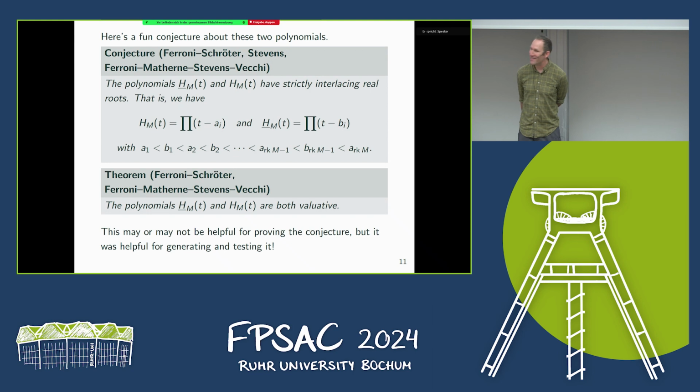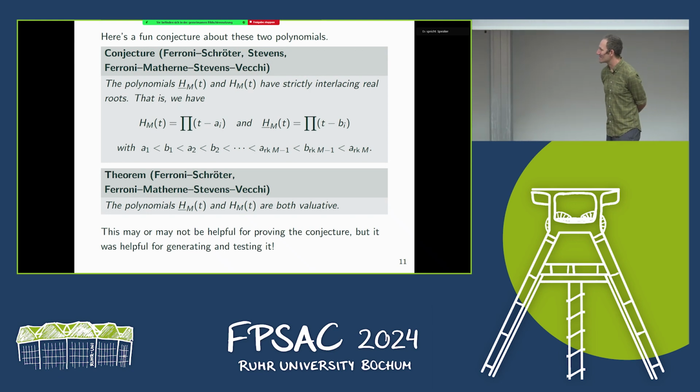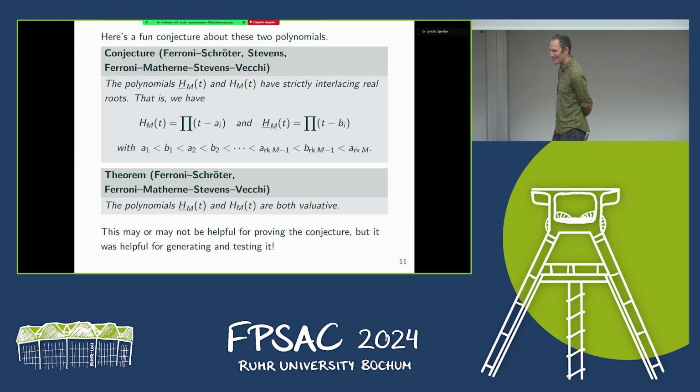Luis Ferroni in particular has spent a lot of time computing these polynomials for thousands and thousands of matroids, and he's strongly using the valuative condition to do those calculations. So yeah, this valuativity result is super helpful for doing calculations, and in particular motivates this conjecture.